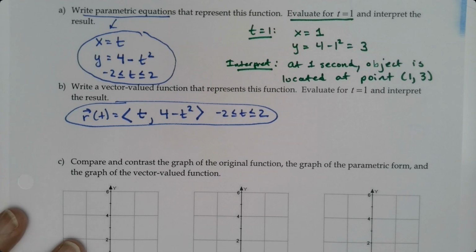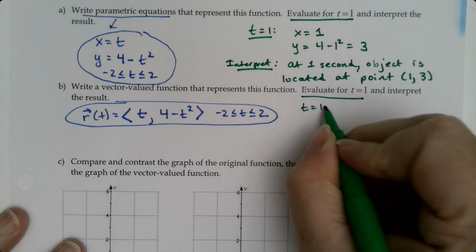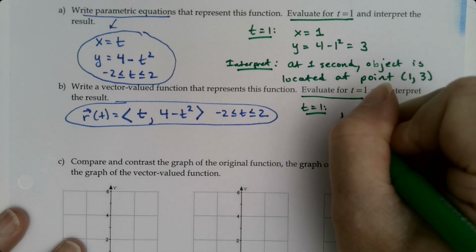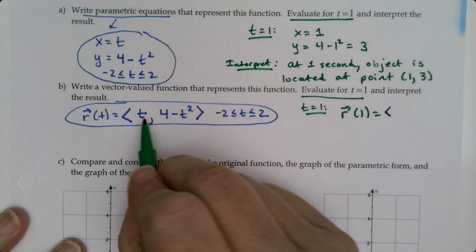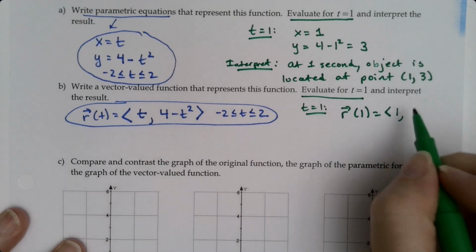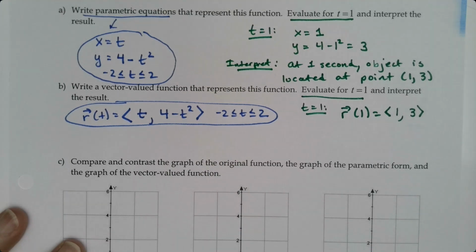All right, now what about evaluating it? Well, evaluating it at t equals 1, then it becomes r of 1, which is the vector 1, comma, 3. Now notice 1 is in my domain, so we're okay with this.